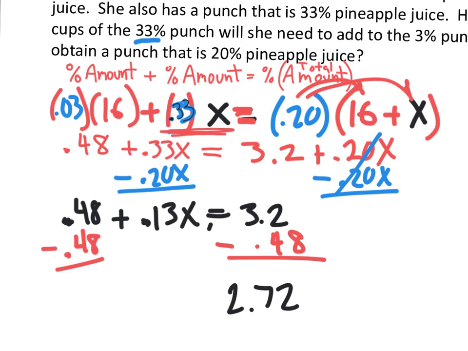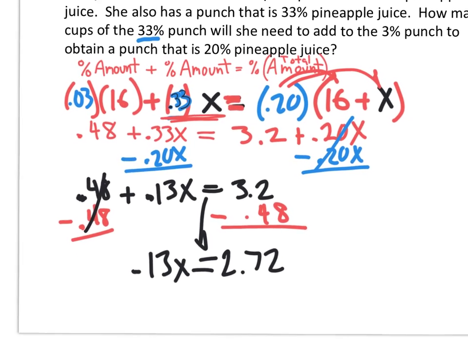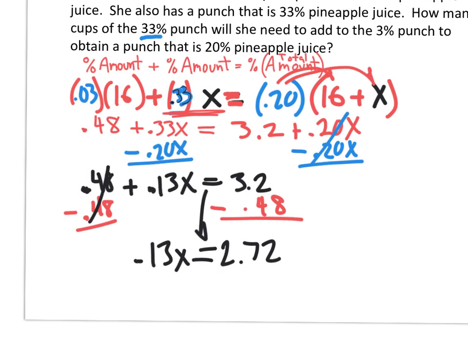Okay, so 2.72, and I'm going to bring down the equal sign right here, and I'm going to bring down the 0.13x, and now all I have to do is get that x by itself by getting rid of the 0.13 in front of the x.